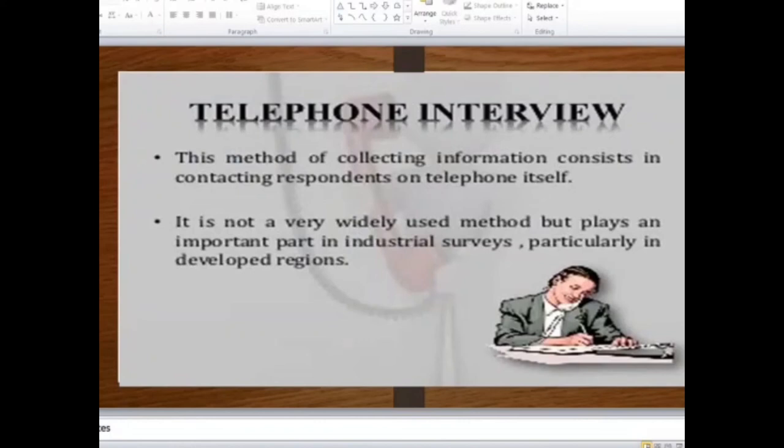Nowadays, due to the corona pandemic, most of the interviews are conducted through telephone only, and they are placing the students in certain jobs, etc. It is not a widely used method, but it plays an important part in industrial surveys, particularly in some developed countries. But in the present situation, we are also following this type of telephonic interview.